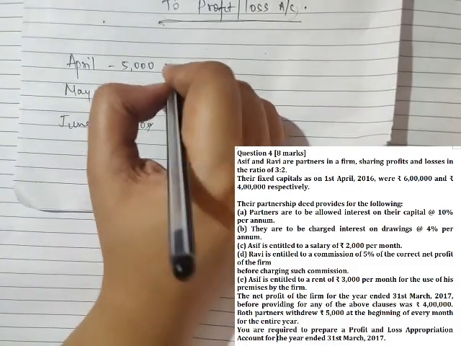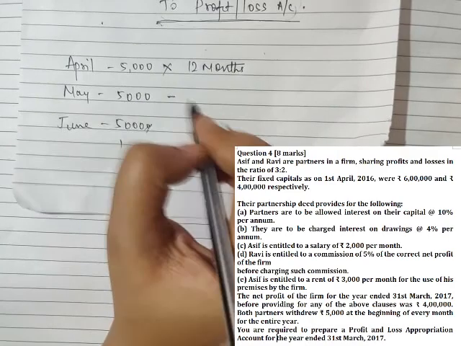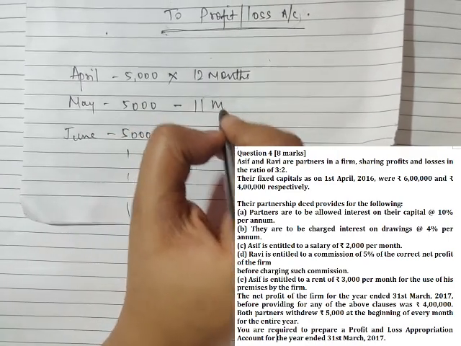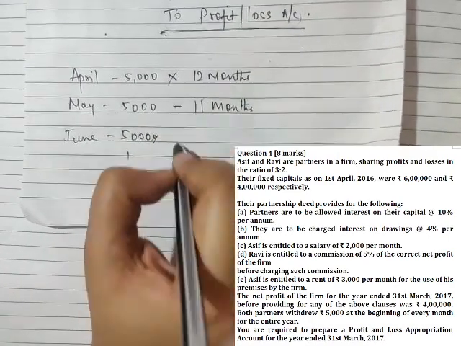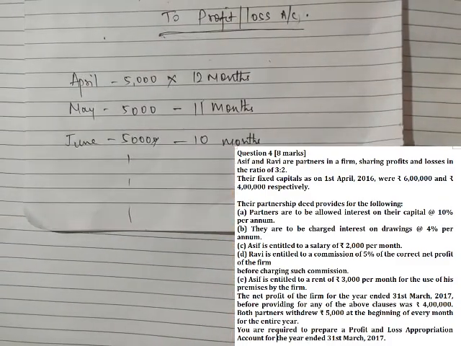In April, the interest will be provided for 12 months. For May, interest will be provided for 11 months. For June, 10 months, and so on.